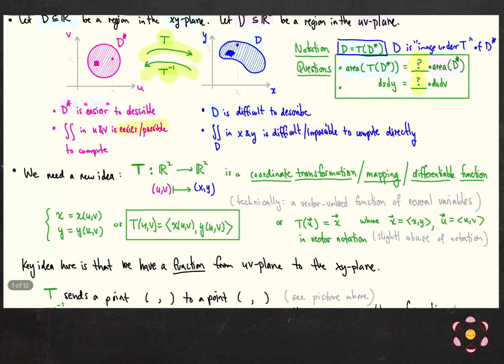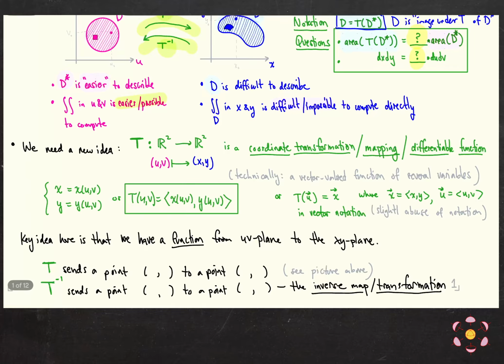What we need is this transformation T that sends points from R2 to R2, and these go by many names. One name is the coordinate transformation. Another is a differentiable function, specifically a differentiable function of two variables.